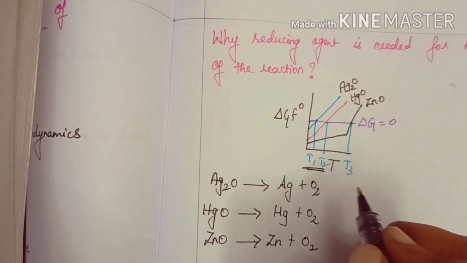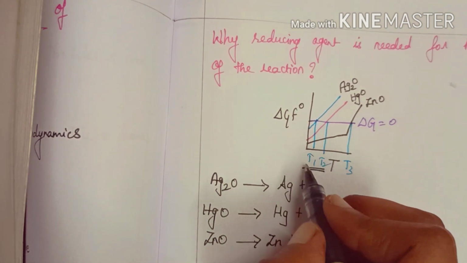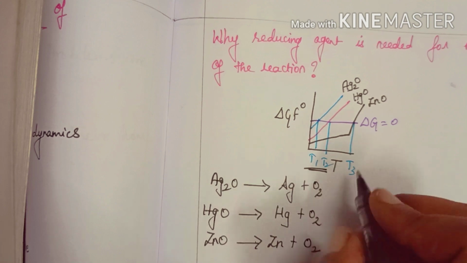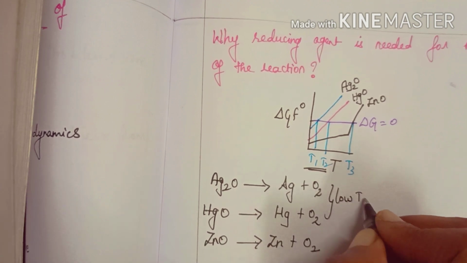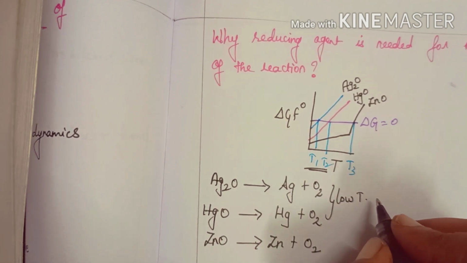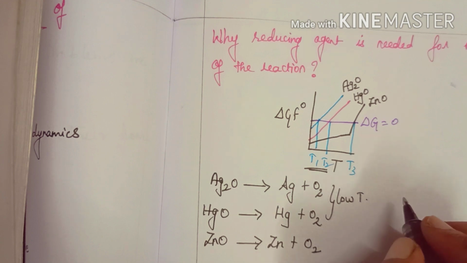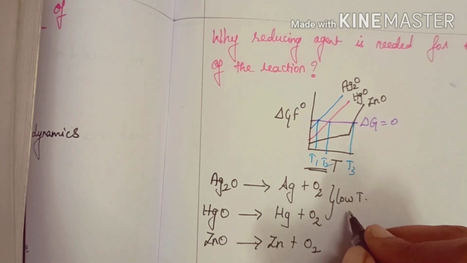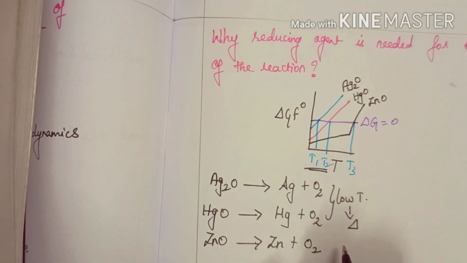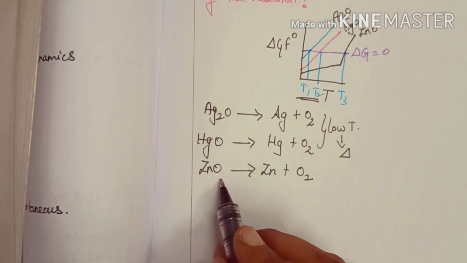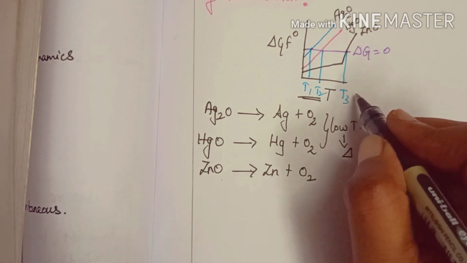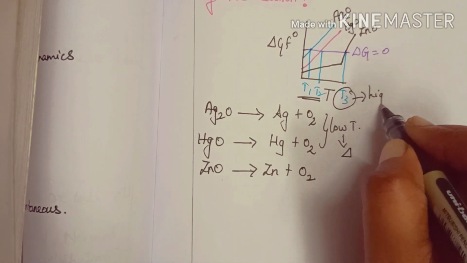Now see the temperature range. This decomposition takes place at lower temperature and hence it can be decomposed easily on heating without the use of reducing agent. So decomposition takes place on heating. But if I go for ZnO gives Zn plus O2, here the temperature is high.